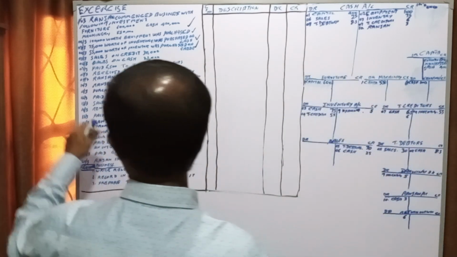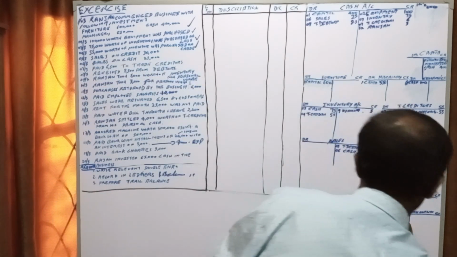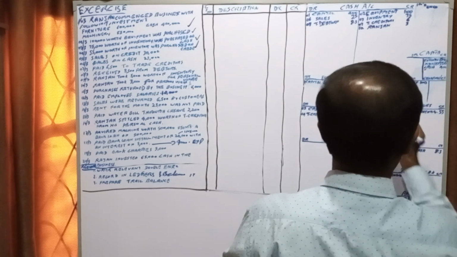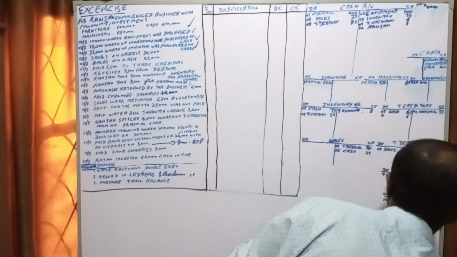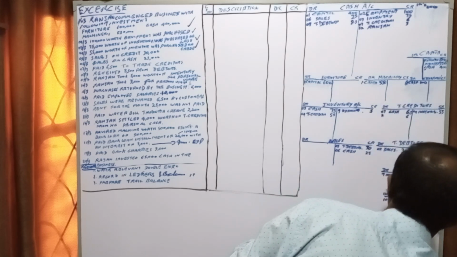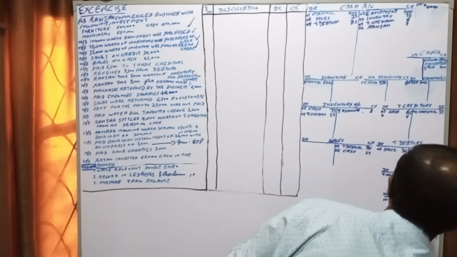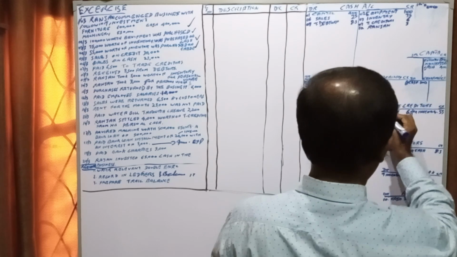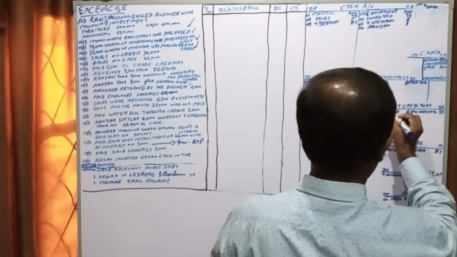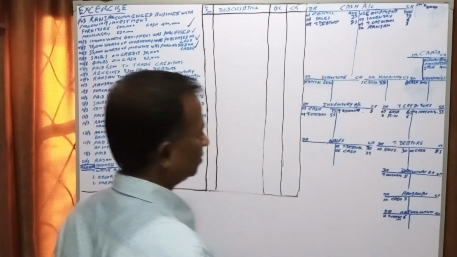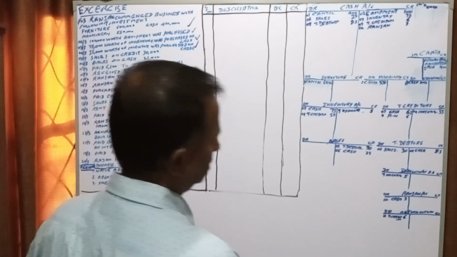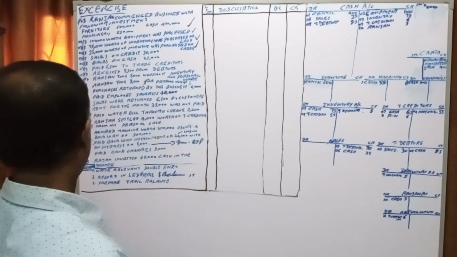That is when it happens, on 11th. This is straight creditors, and this is return outwards. So the double entry is completed. It took place on 11th.